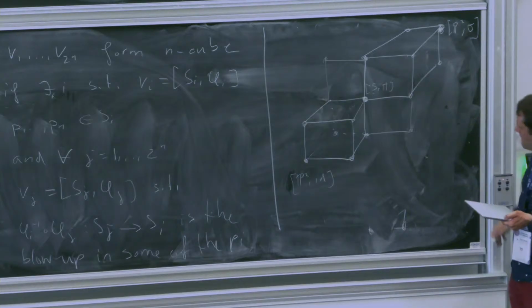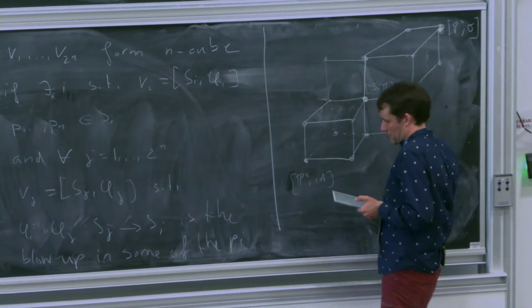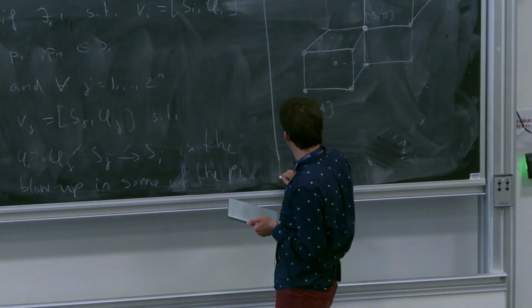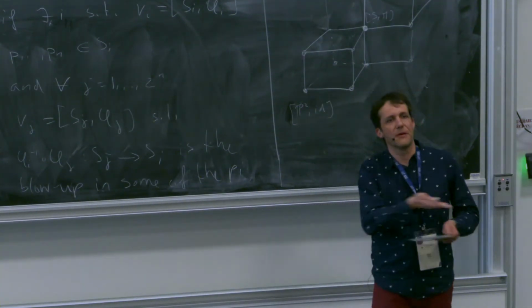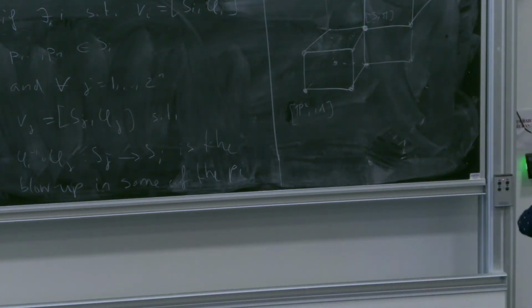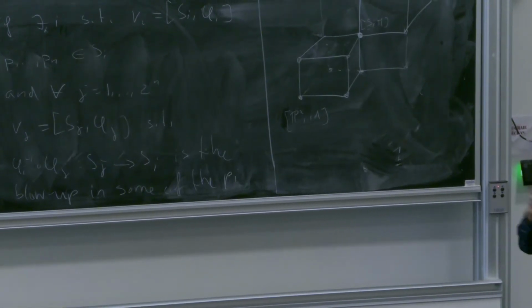Now, of course, our observation is that this cube complex is not at all finite dimensional, because there are infinitely many closed points on our surface. So we can have cubes of arbitrarily high dimension.